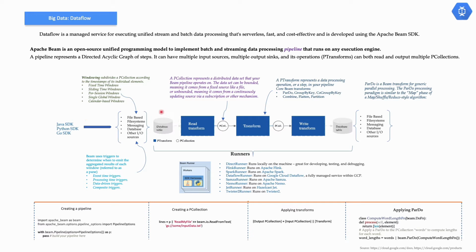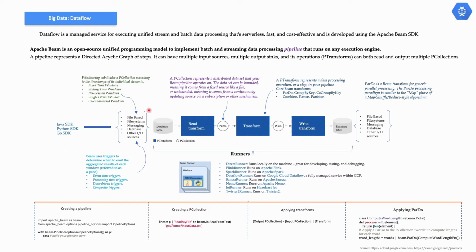Now, if you look at the complete flow, and I want to get into the detail because Dataflow is really important from the Google ecosystem point of view, first things first, you can use Apache Beam using Java SDK, Python SDK, and Go SDK.